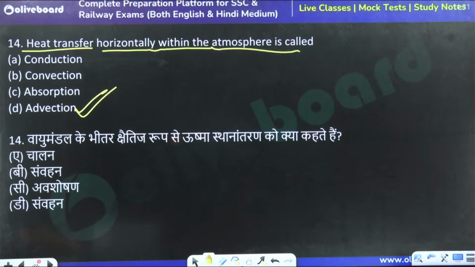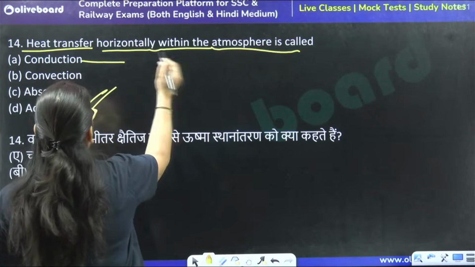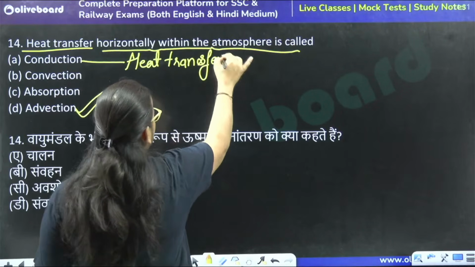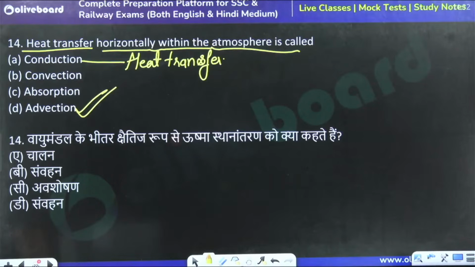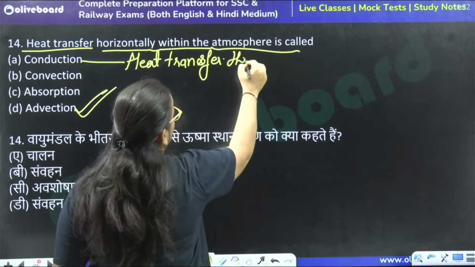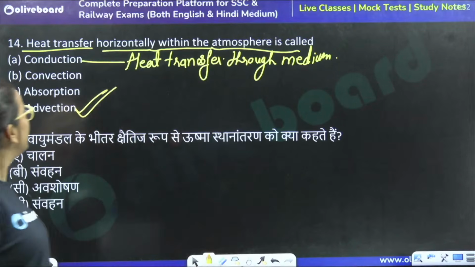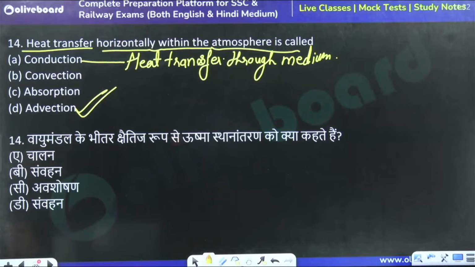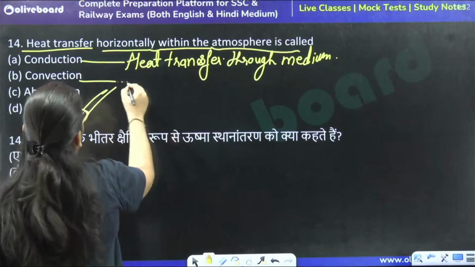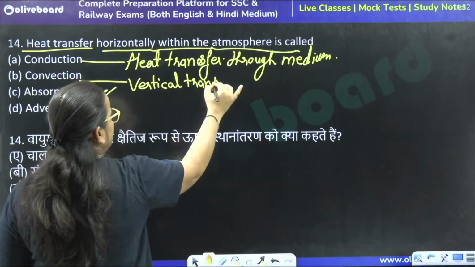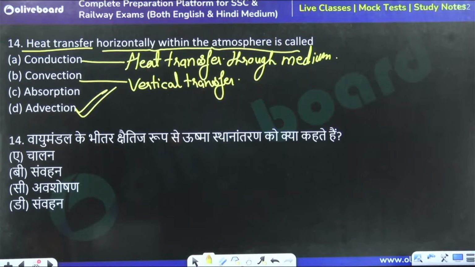Whenever there is heat transfer through a medium without bulk movement, it is termed conduction. Now convection is basically vertical transfer. Absorption is the process of a substance taking in energy.